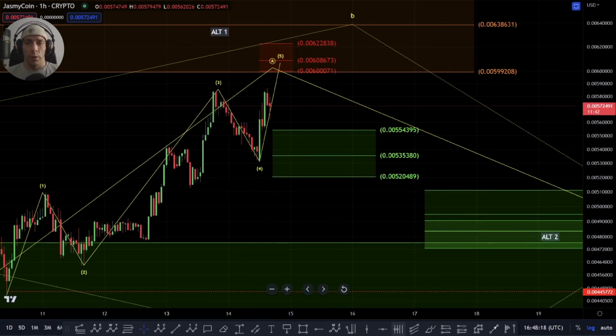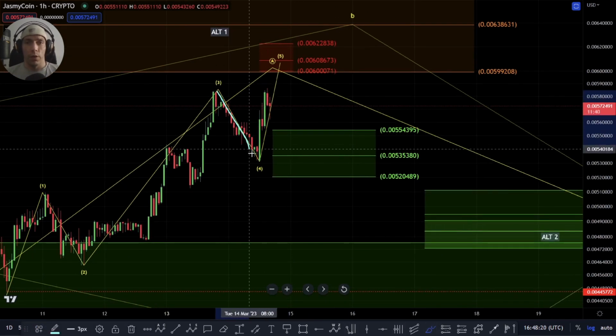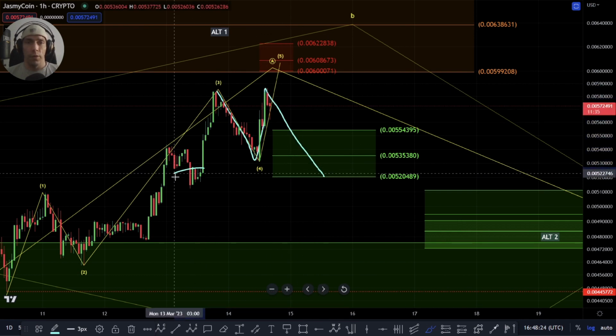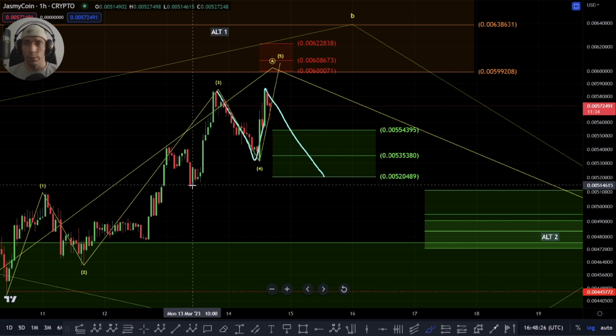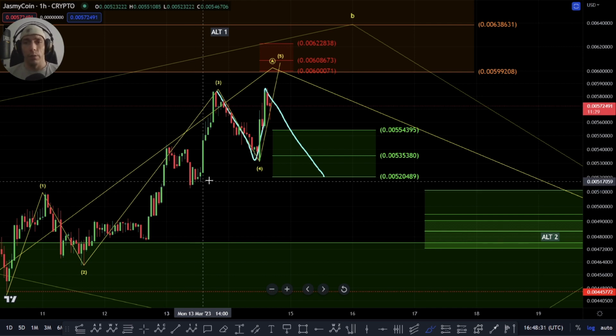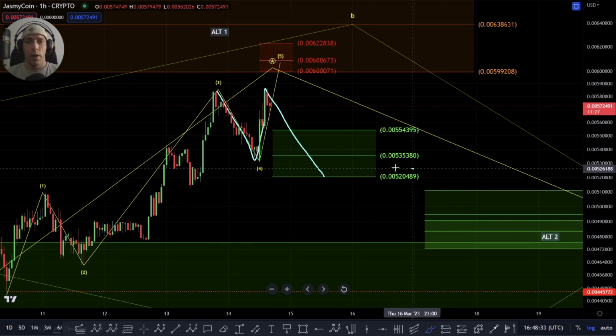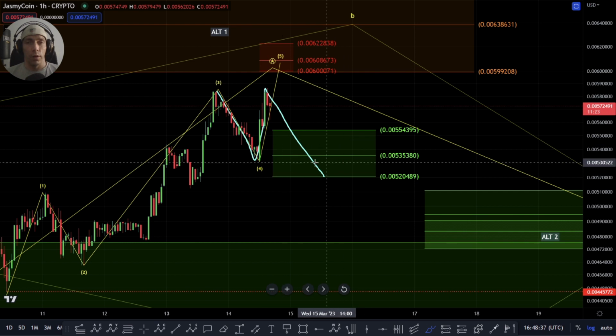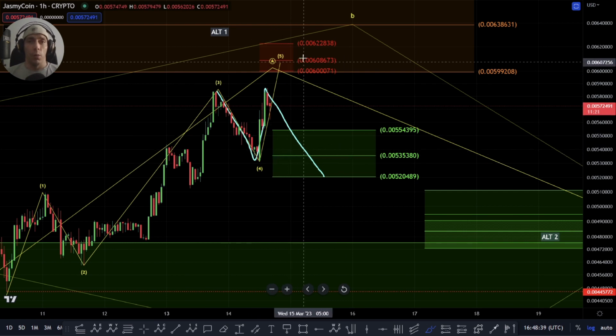However, like I said, it is possible that we could be forming a fourth here, a more complex fourth as an A, B, and potentially a C wave, potentially down back into the range of this move here, which was 0.00513 sort of area. That could bring us back down towards this 50% if we do look to move down into this range before looking to push up.